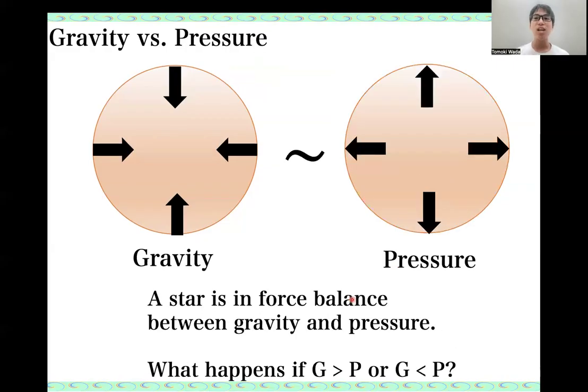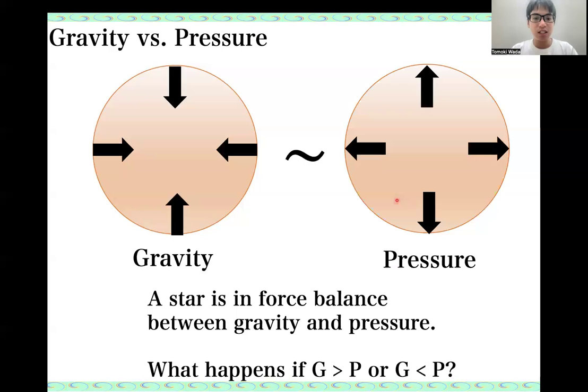The answer is pressure of gas. A star is in force balance between gravity and pressure. Gravity is in the inner direction and pressure is in the outer direction.